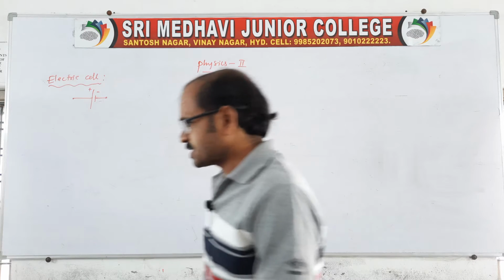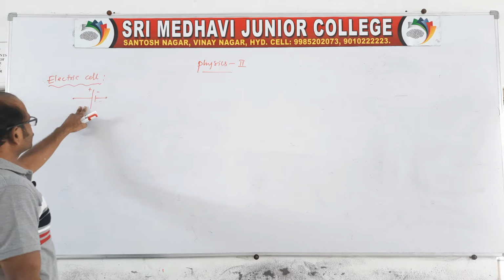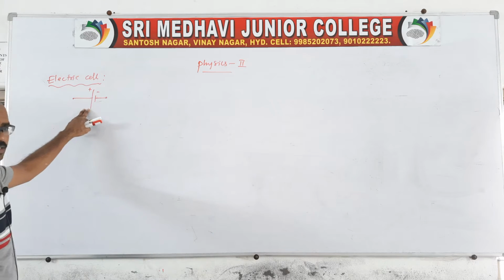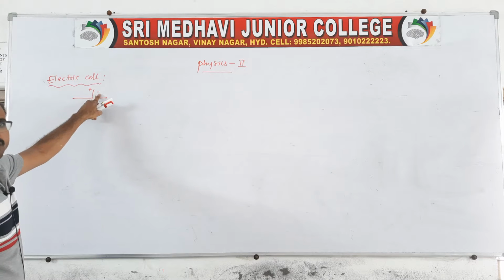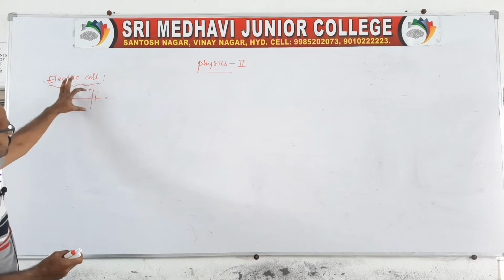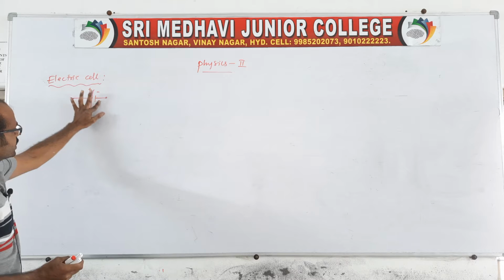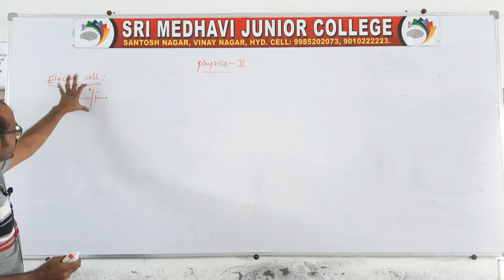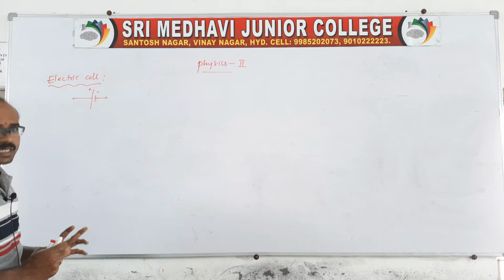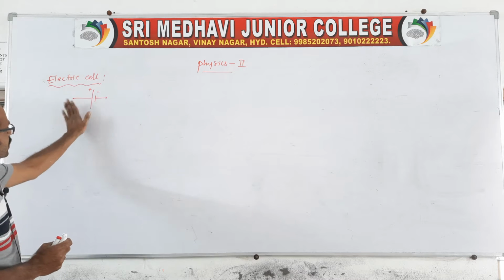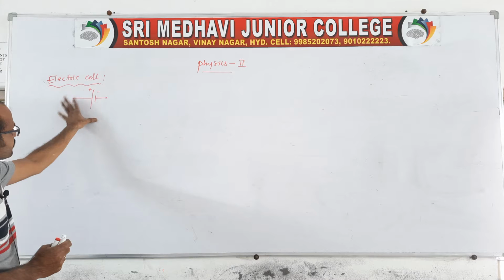Coming to the symbol of an electrical cell, one is the positive terminal and the other is the negative terminal. The positive we show as a bigger line, and the negative as a smaller line, and it maintains a constant potential difference at the ends of the terminals.